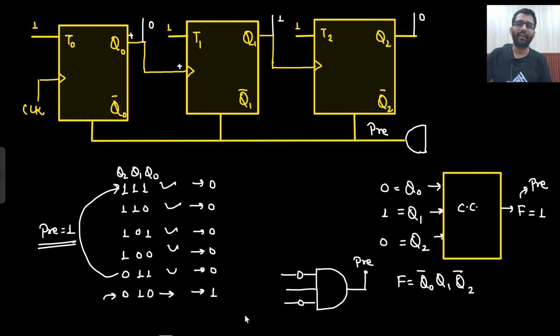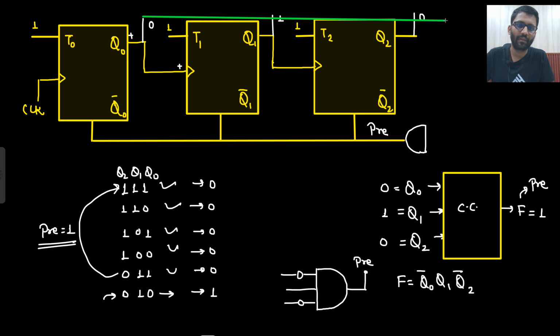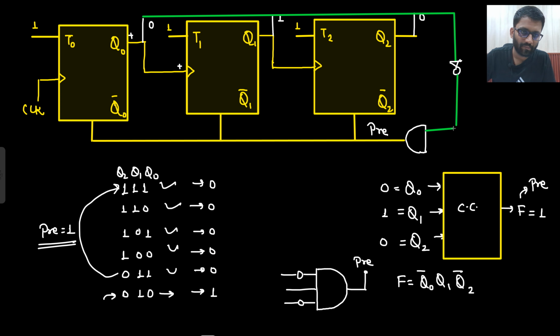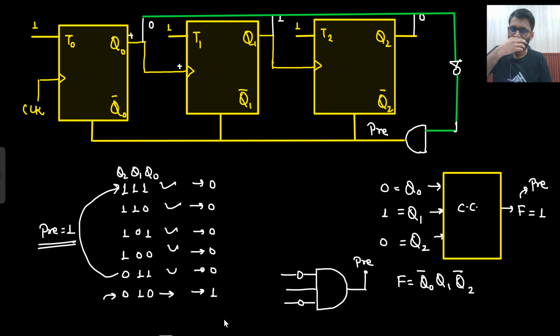And how am I getting the input of this AND gate? Q0 is being inverted and is fed here. What about Q1?